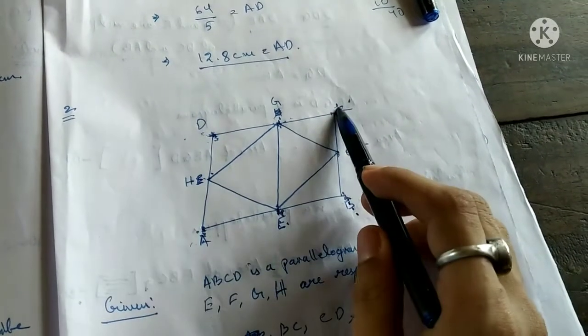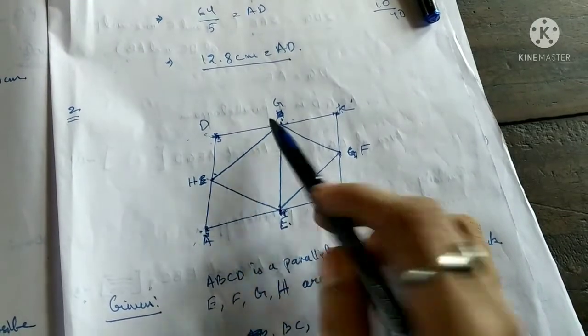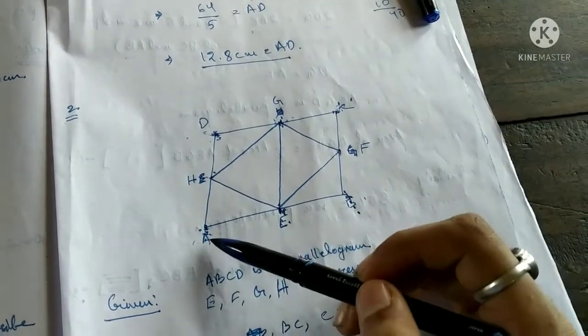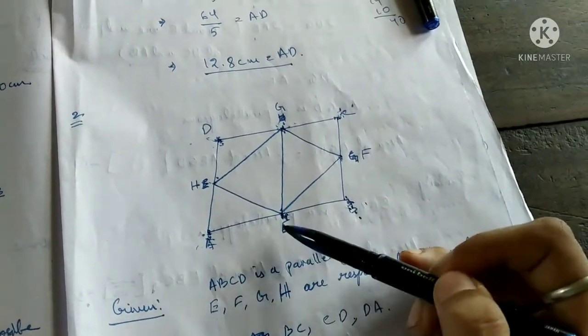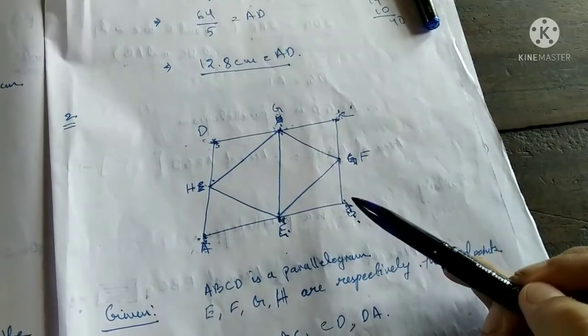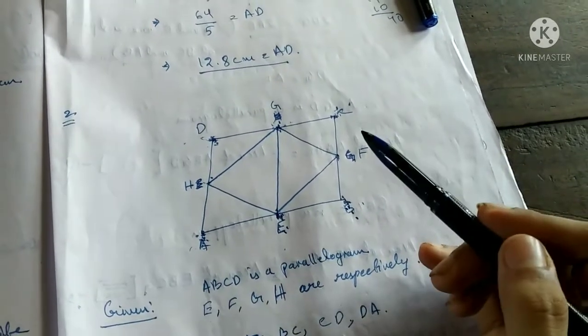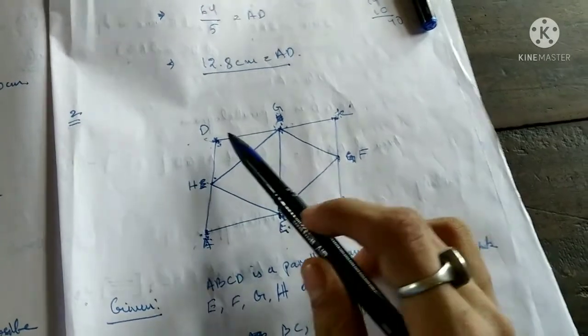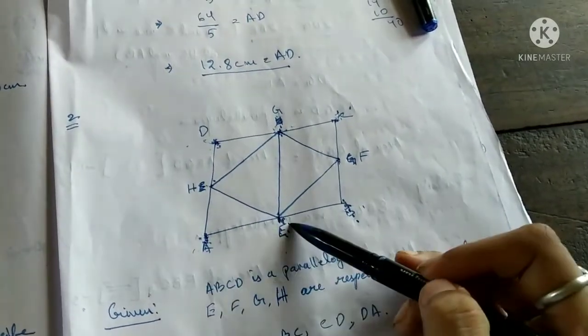Instead of writing DC, I can write twice DG, and instead of writing AB, I can write twice AE, because G and E are the midpoints of DC and AB. Now 2 cancels, and ultimately I will get that DG is equal to AE.